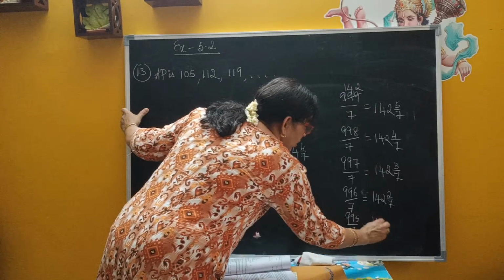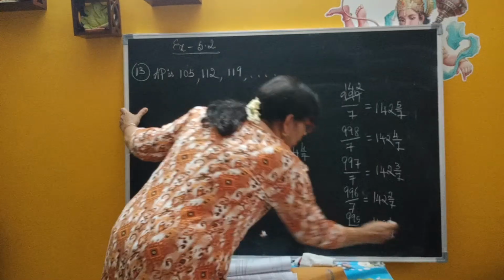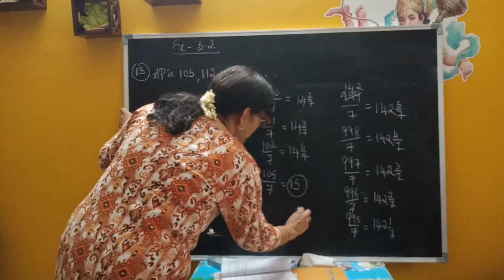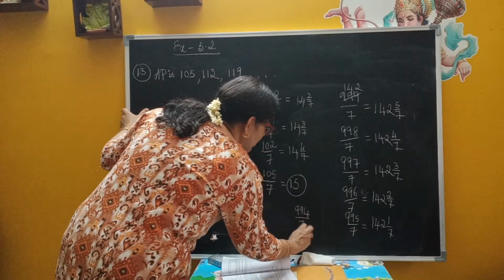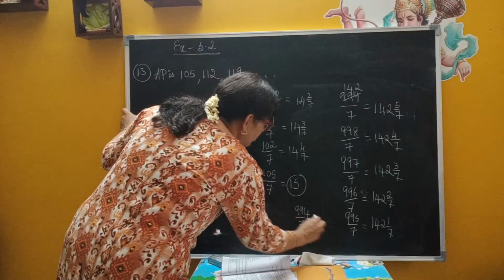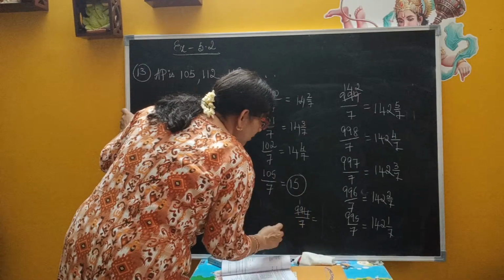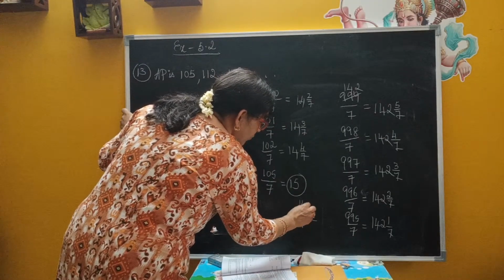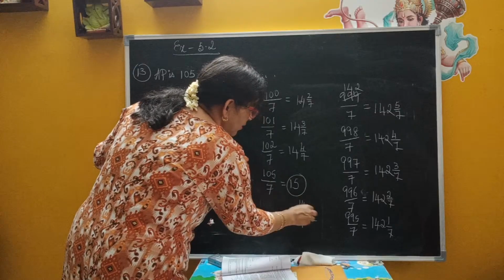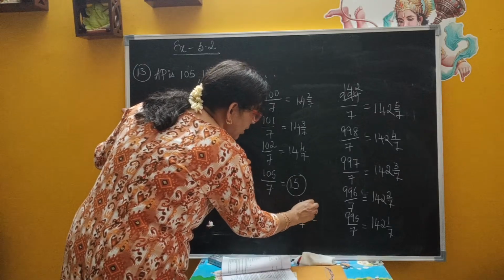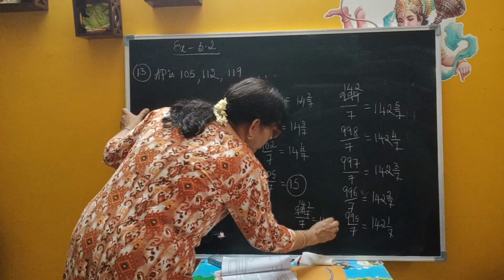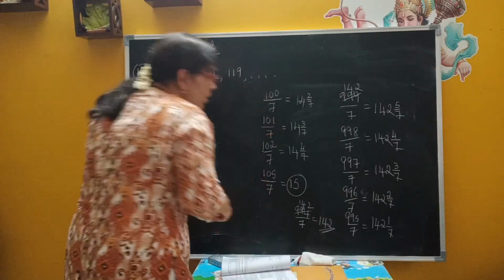It is 142. And if I take the last one, 994 by 7, what do I get now? 7 ones are 7. 29. 7 4s are 28. Plus 14. 1 remains here. 7 2s are 14. 142 with 0 remainder.